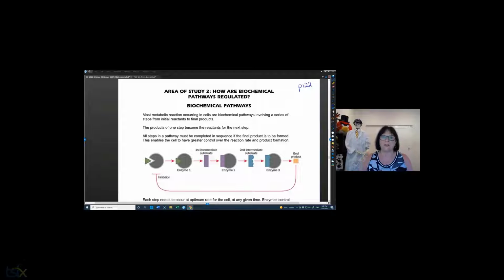Okay. So, as I said to you, cells react in reactions called biochemical pathways. Now, you've probably done a little bit of chemistry, and you usually know reactants are the starting molecules in a reaction, and then we have an arrow, and then we write the products.